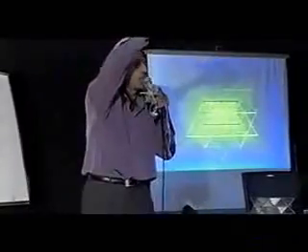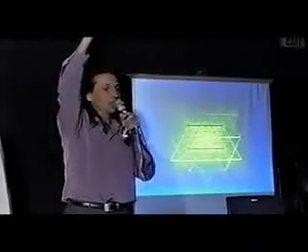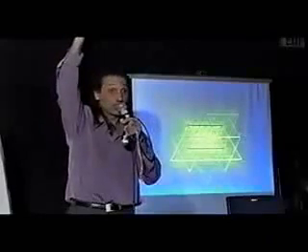Why is this significant? 8 star tetrahedron is made out of 8 tetrahedrons pointing outward, radiation, coming together to generate the vector equilibrium, which is 8 tetrahedrons coming towards the center, generating contraction.